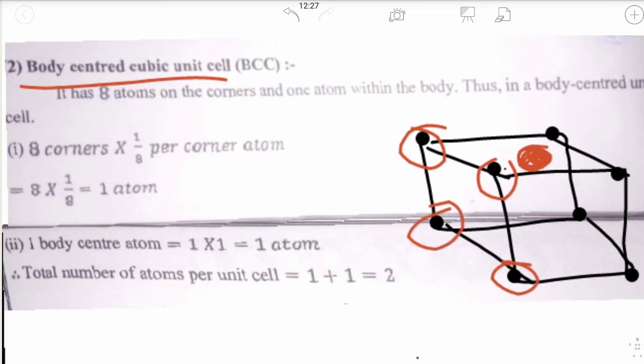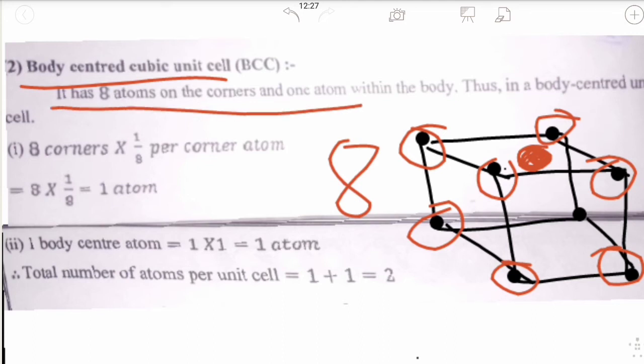Body centered unit cell. In this unit cell, constituent particles are located at the center of the body as well. There are 8 atoms located at the corners, and 1 atom within the body.